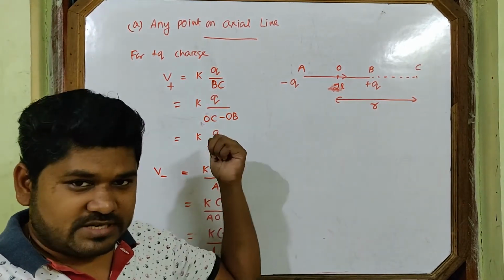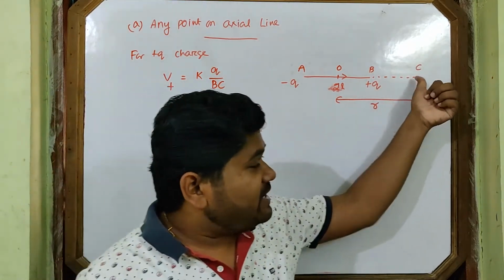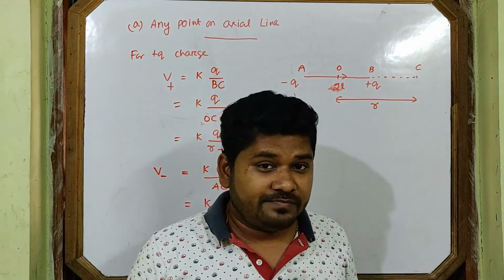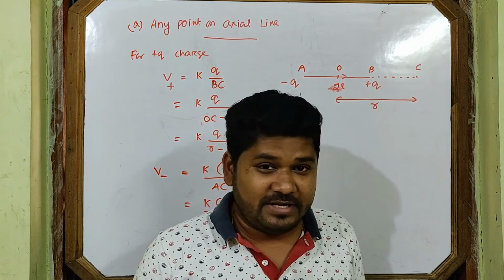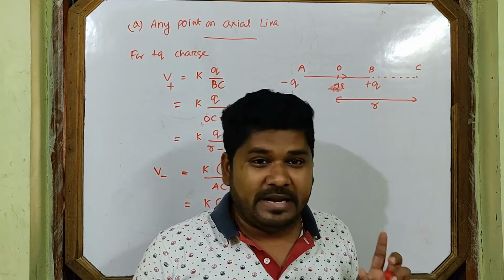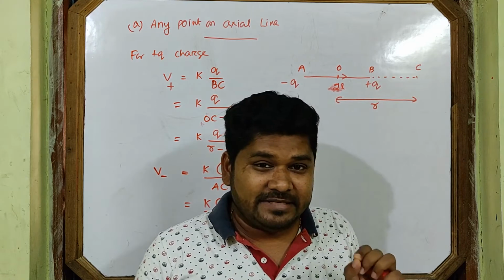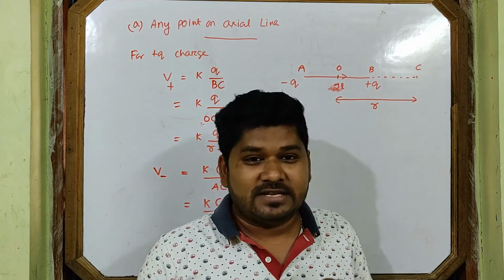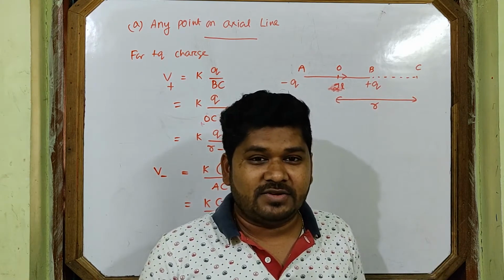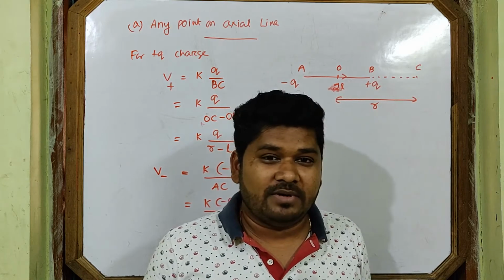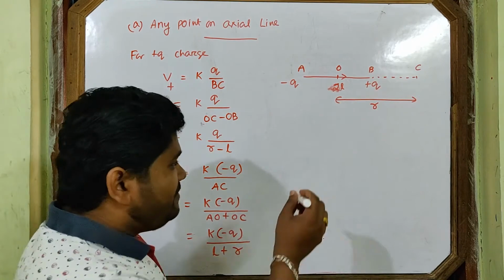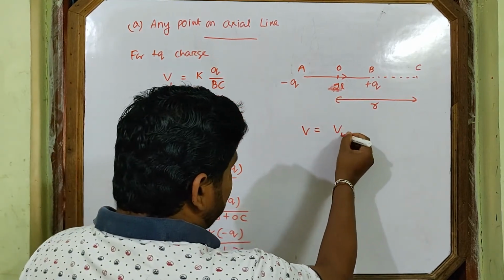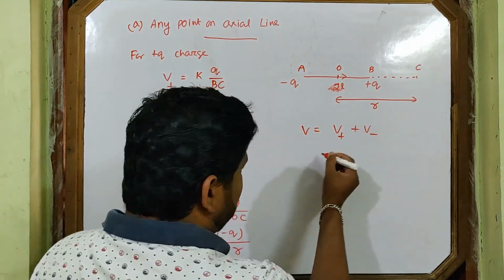Now we have two potentials. What is the net potential at this point? Will I add the two potentials vectorially? No, because they are not vectors. I'll add them simply. It is easy to add two potentials because there is no vector addition, no triangular law, no parallelogram law. It is easier than intensity. So the net potential is V plus V minus.